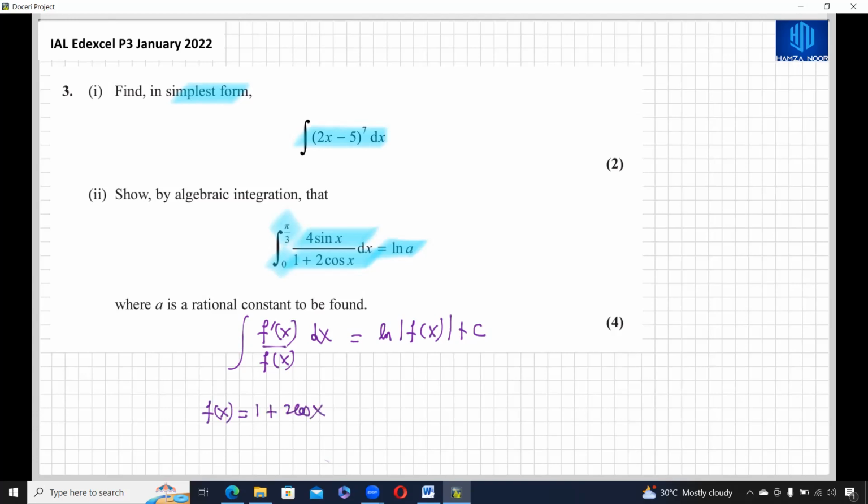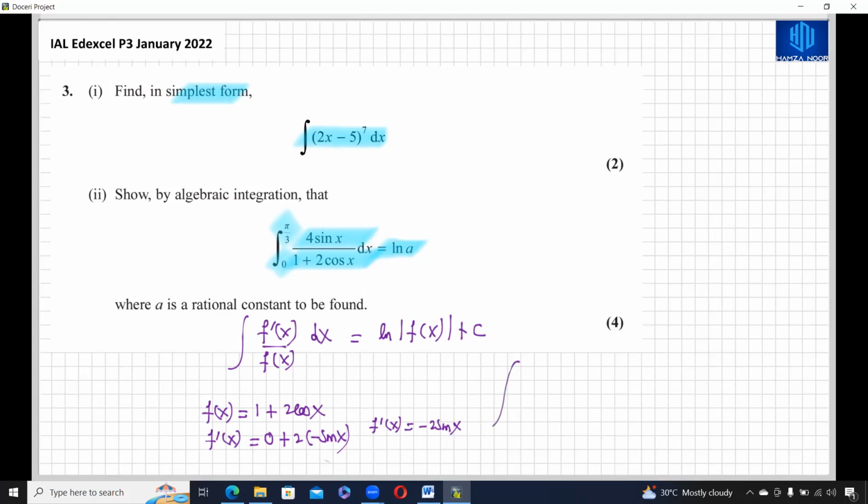So what should f dash x be? Since the constant term 1 is differentiated, it becomes 0. And when you differentiate 2 times cos x, this will be 2 multiplied by minus sin x. So now we can say that when fx is equal to 1 plus 2 cos x, f dash x is equal to minus 2 sin x.